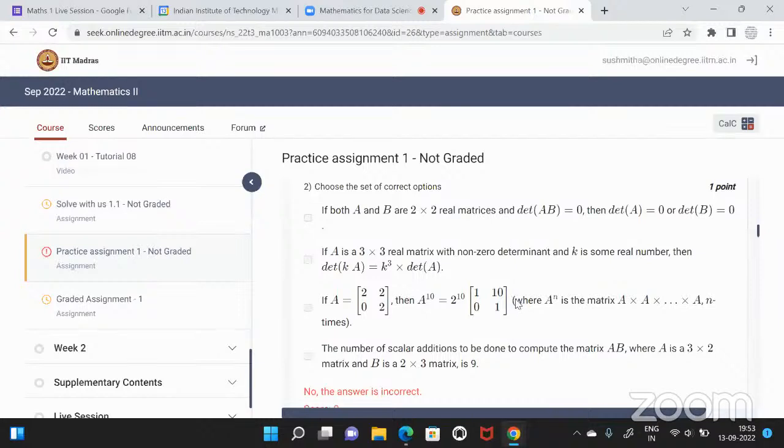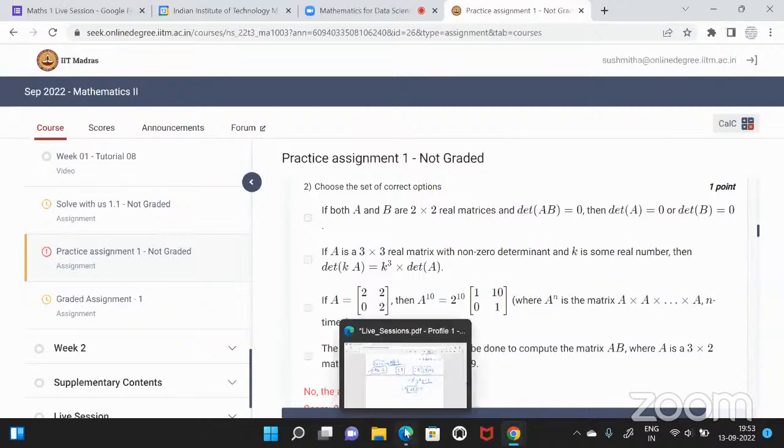Question number 2. Ma'am, I have done this question and got 0.75 for this. I don't understand. My answer was correct for the first option, second option, and third option is correct also, but I don't understand how.